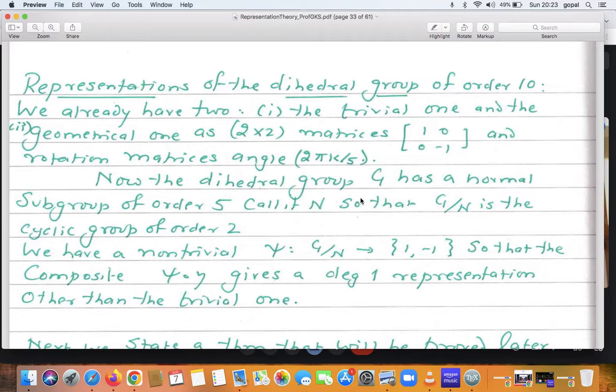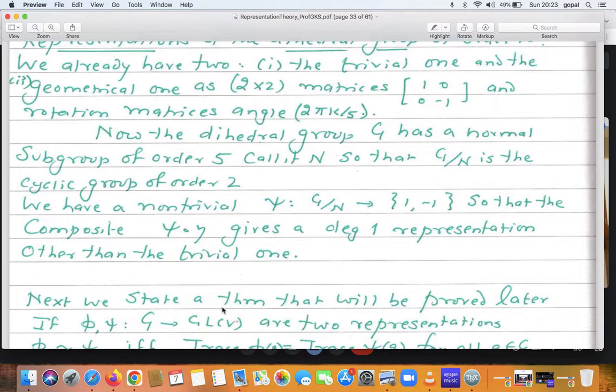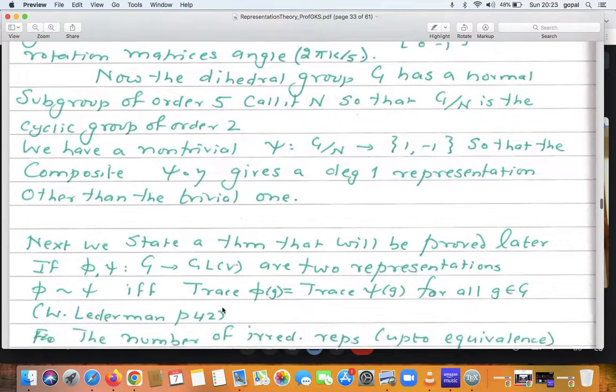Because G mod N is a cyclic group of order 2, we have a non-trivial representation, an isomorphism from G mod N to {1, minus 1}. That gives a representation other than the trivial representation. And now the previous idea of lifting will give me a degree 1 representation other than the trivial one. So already I have accounted for 2 degree 1 representations and 1 degree 2 representation. So we got 3 of them.